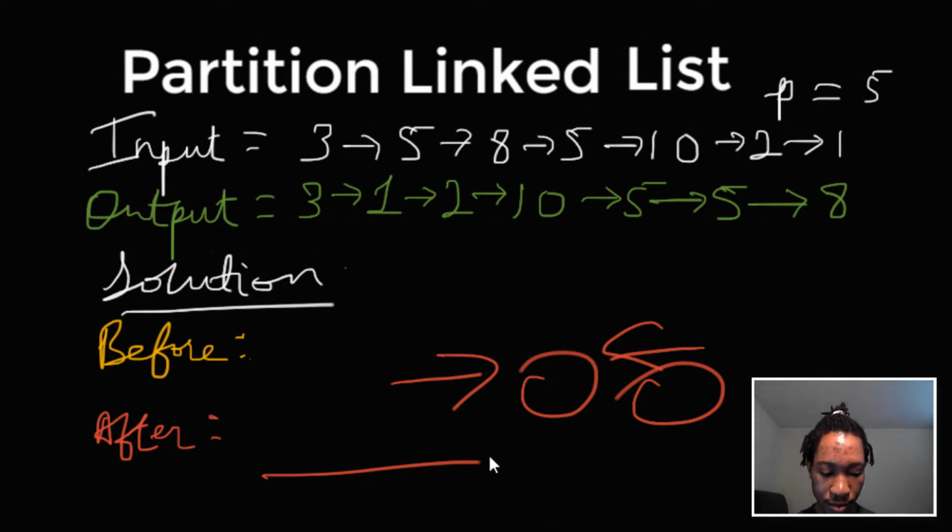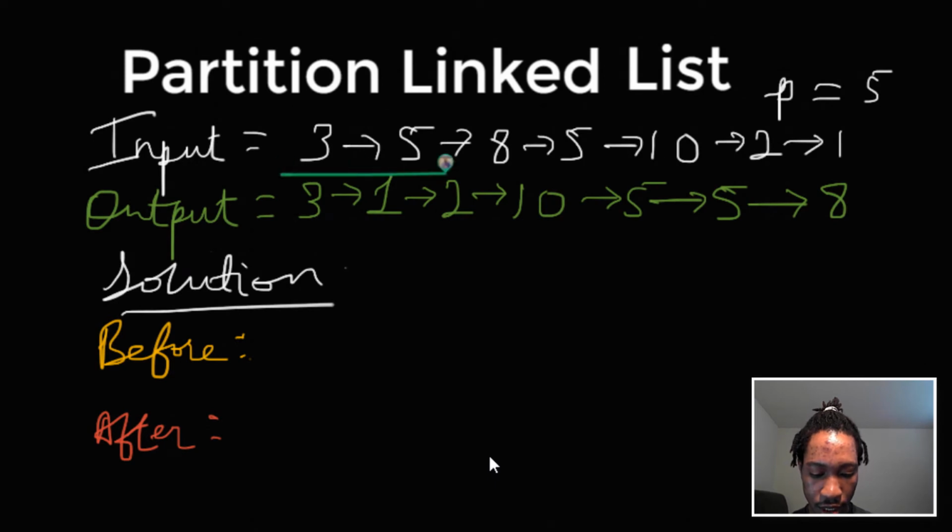So let's go through an entire example. Iterating through this linked list, we get to 3. Is 3 less than 5? Yes, it is. So we add it to the before list, which contains nodes less than the pivot value. And then we get to 5. Is it less than the pivot value? No, it's equal to the pivot value, so we add it to the after list.